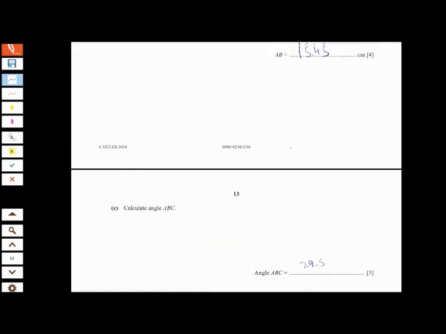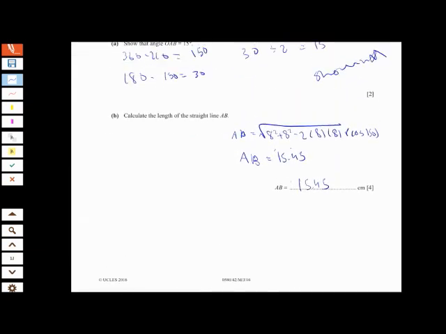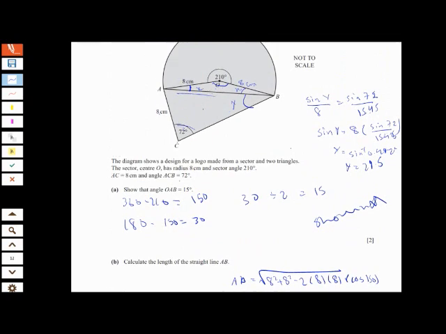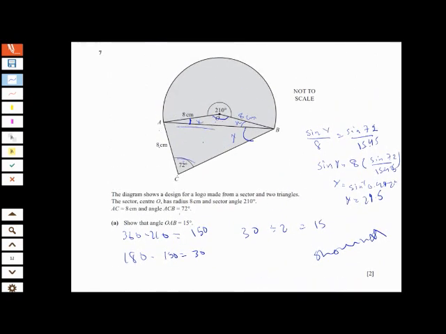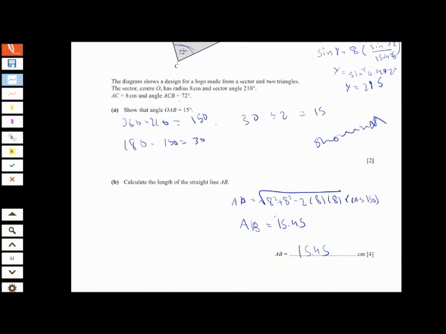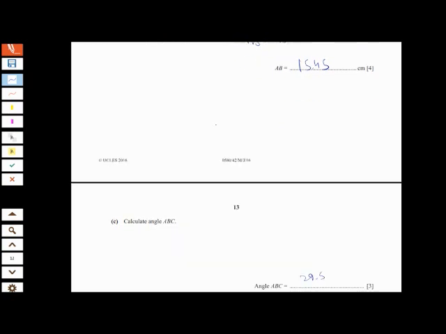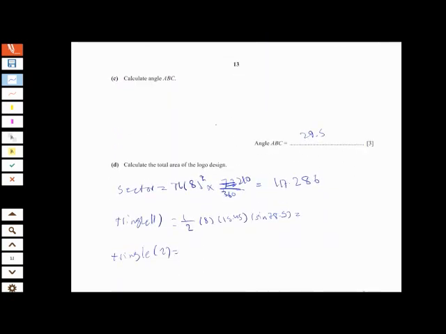I'll tell you why. Sine 78.5 because this is the angle. It's 180 minus the angle y that we just found, and minus 72, you will get 78.5. Okay, now with 78.5, you will get 60.559.